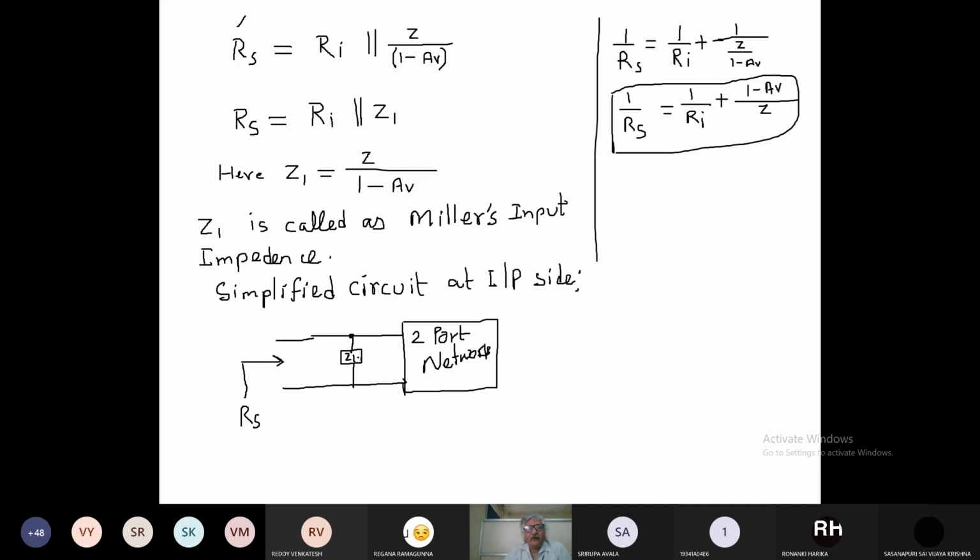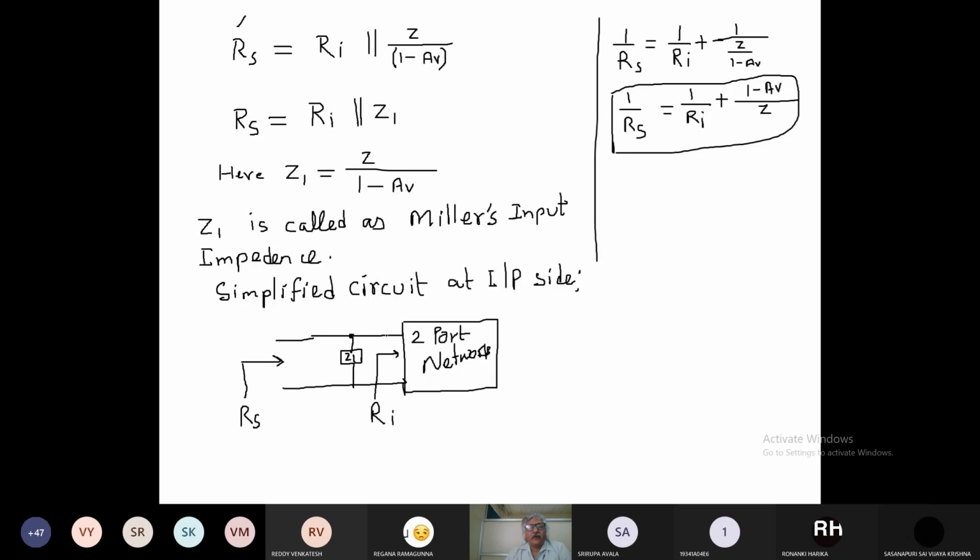From that we will find the value of Z1 and we connect here, right? So now you see this is Z1 and the input impedance of this network is your Ri.